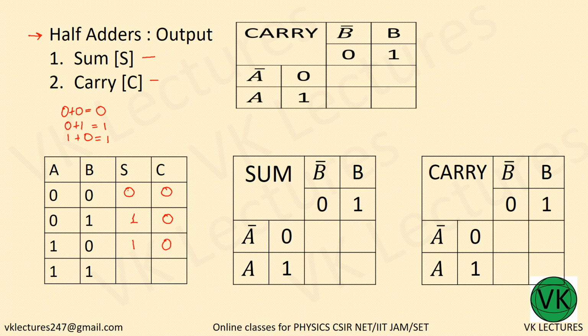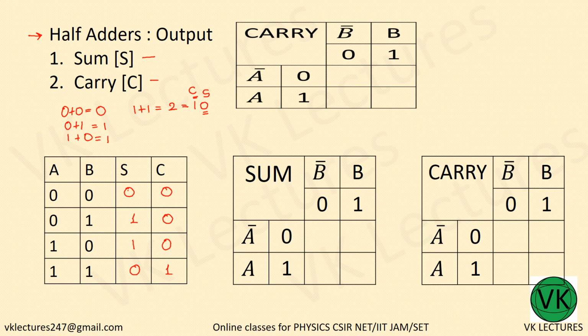And for 1 1, 1 plus 1 is 2, but 2 cannot be written this way because it is a binary number, so 2 is equal to 1 0. So the sum is 0 and carry is 1.